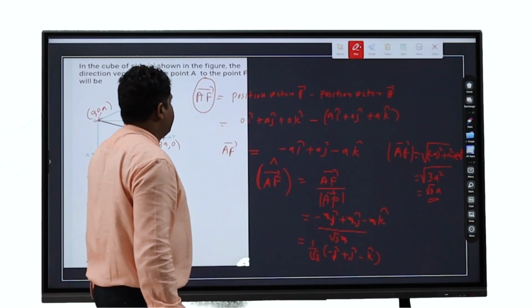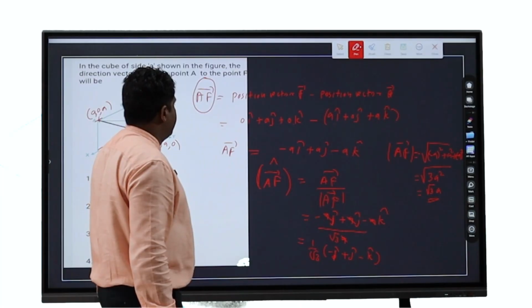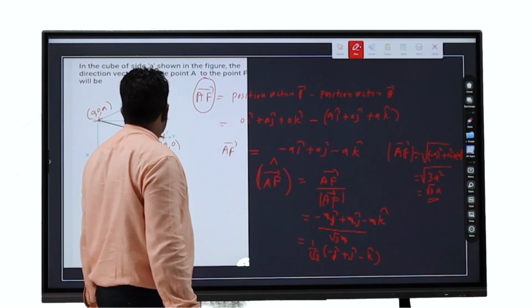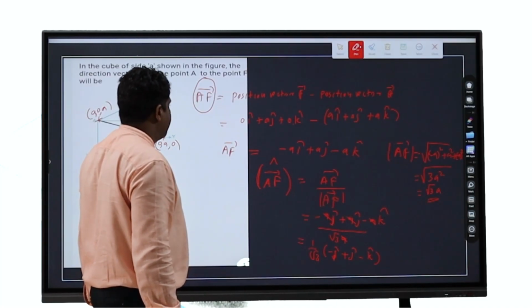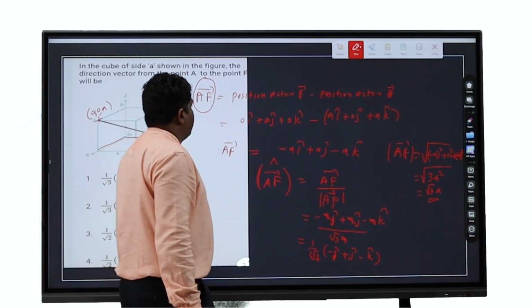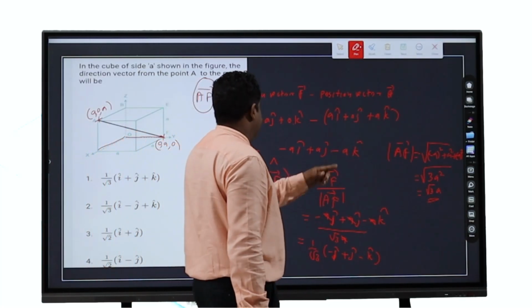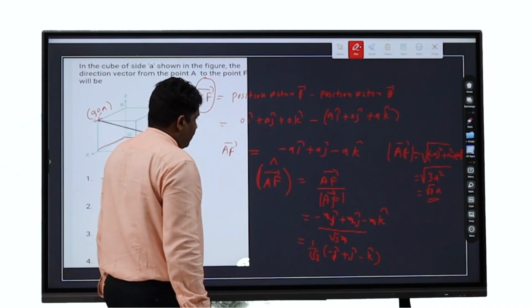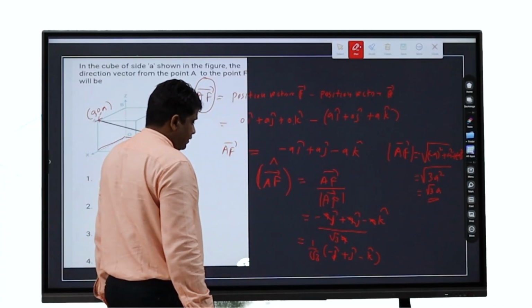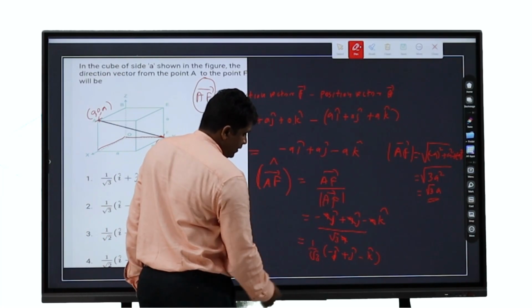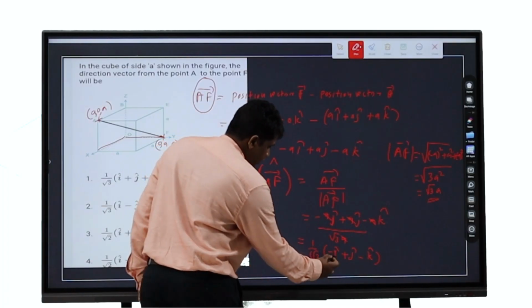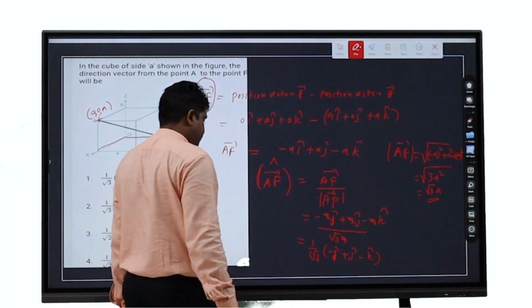The position vector of F is aj, so aj minus 0 gives positive aj. Minus ai plus aj minus ak, correct. Then 1 by root 3 into a can be cancelled, giving minus i plus j minus k.